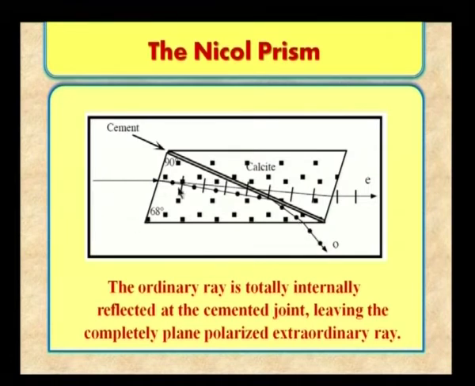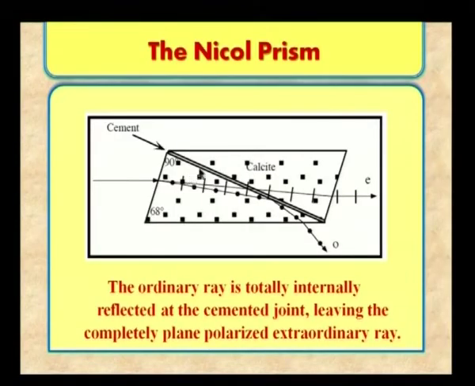A light ray which is passing through a nickel prism will undergo double refraction. What is double refraction? For an ordinary light ray passing through glass, for every ray of light there will be one refracted ray, but here for every ray of light passing through the nickel prism there will be two refracted rays. You see here, when it enters, there is one light ray coming here, that is called the ordinary ray, and another light ray coming here, called the extraordinary ray.